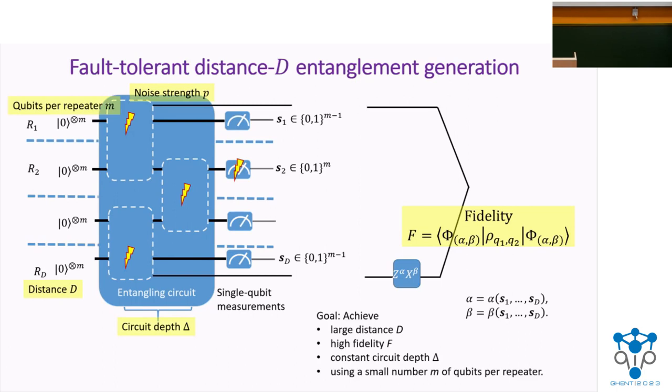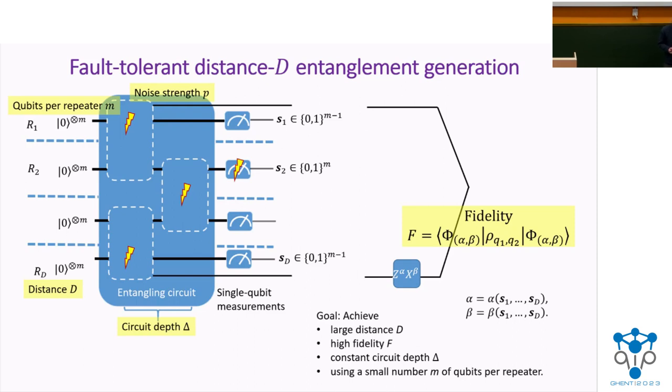So we are basically interested in these 5 parameters. We are considering circuit level noise, which has strength p, and we want to achieve a large distance of the entanglement, and we aim for as high fidelity as possible, where the fidelity is just the overlap between the post-measurement state and psi alpha beta, where alpha and beta are efficiently computable on classical machines.